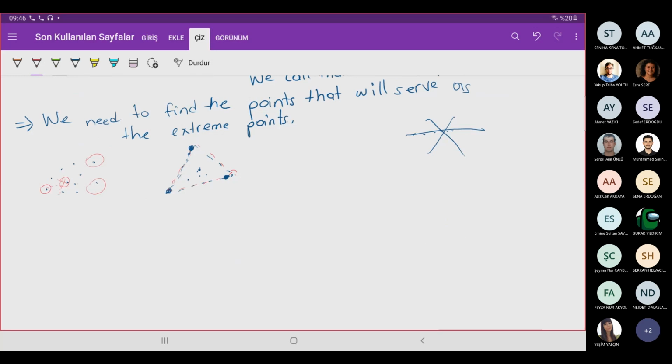We need to find the points that will serve as extreme points. So a formal definition of extreme points. Extreme point of a convex set. Before giving the formal definition, what do you think it might be?